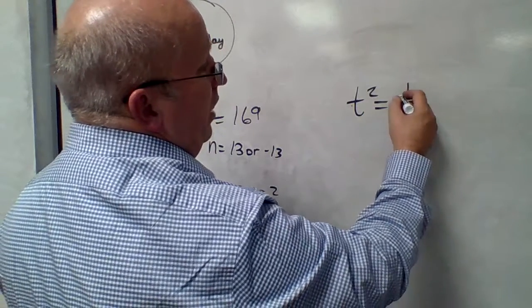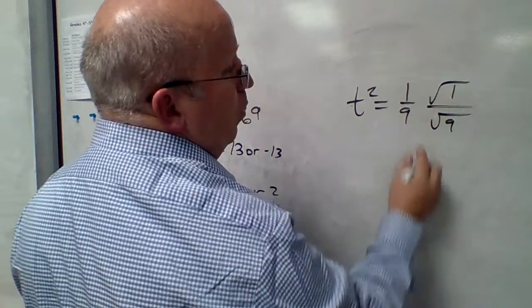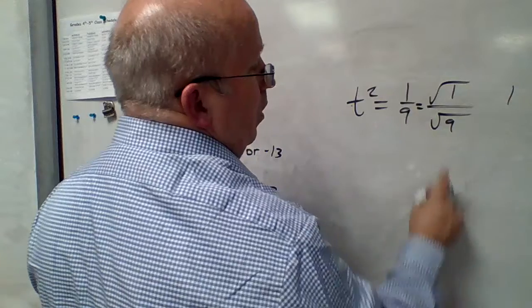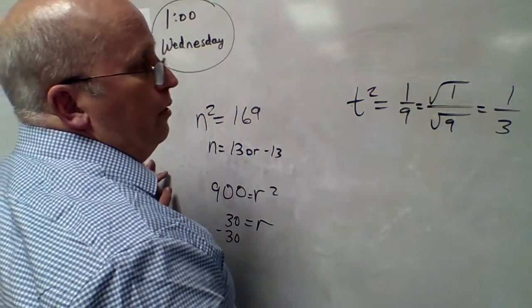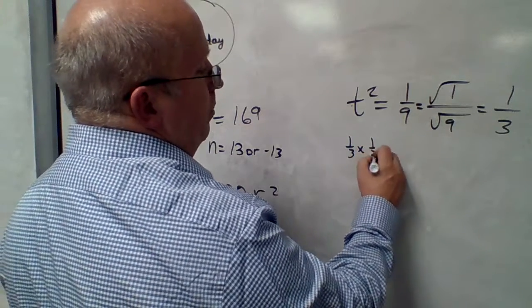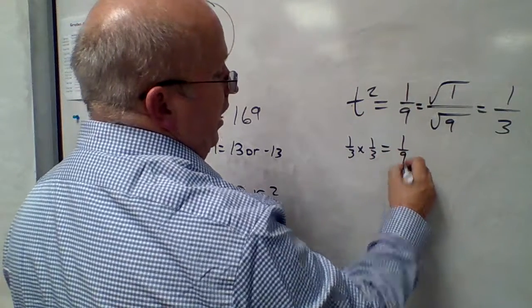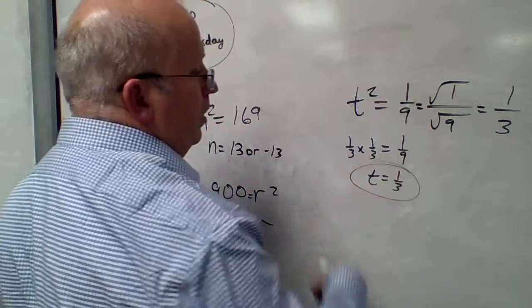And that means I've got to take the square root of the 1 and the square root of the 9 and figure out what those equal, right? What is the square root of 1? 1. What is the square root of 9? 3. So isn't the answer 1/3? Yeah, it is. Let's check that. Let's see what happens when we multiply 1/3 by 1/3. Do we get 1/9? Yes, we do. T must be 1/3.